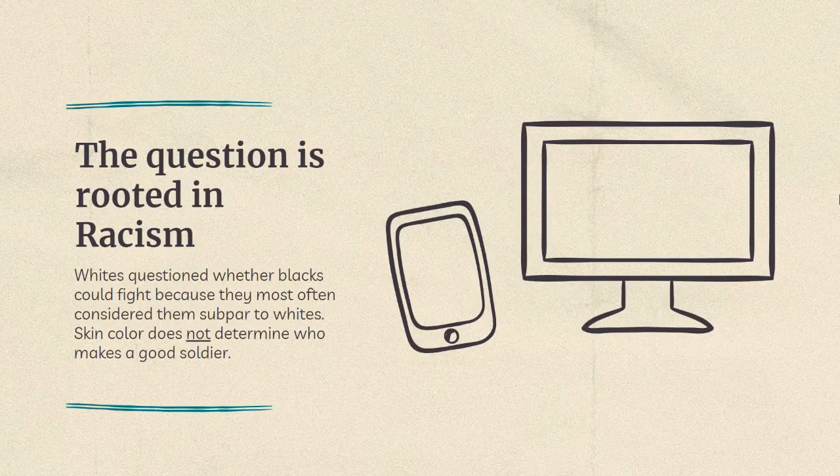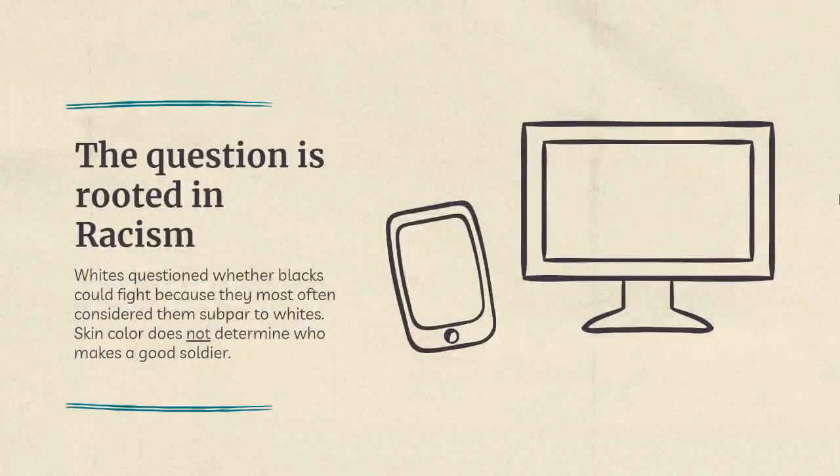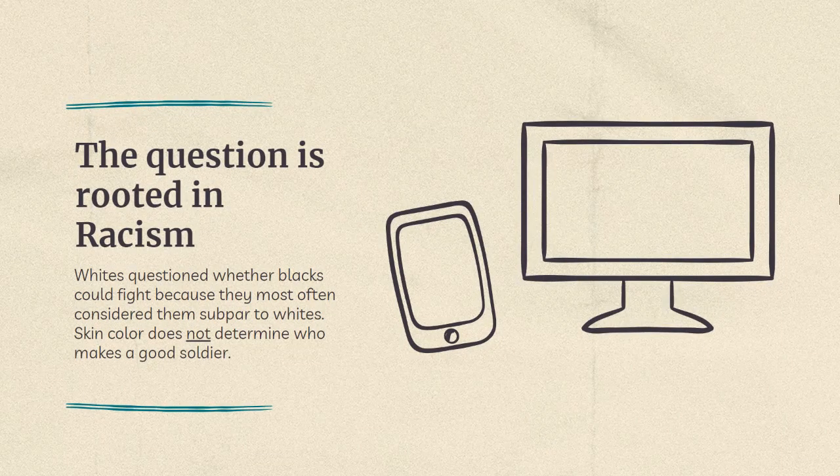All right, the problem is the question is rooted in racism. It's bias. Whites question whether a person's skin color would inhibit them from being brave. Could black people not be good soldiers because they were black? That question is rooted in racism. It's a presumption made by many at the time.